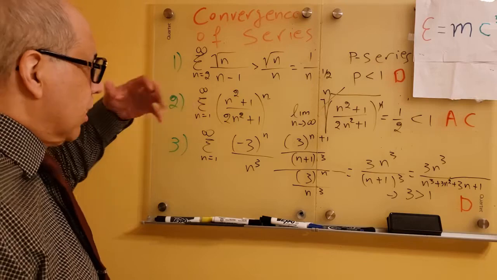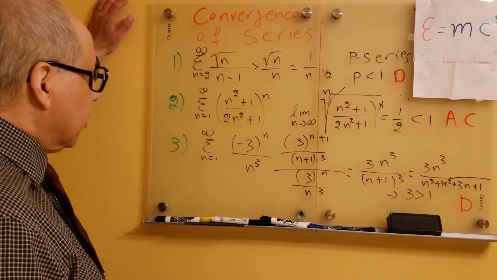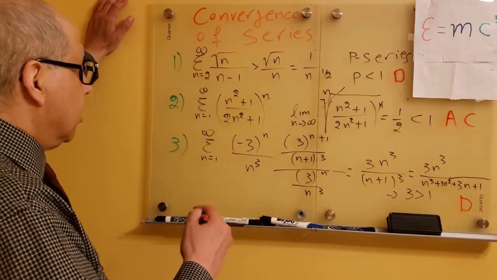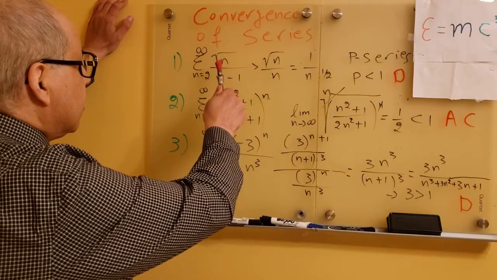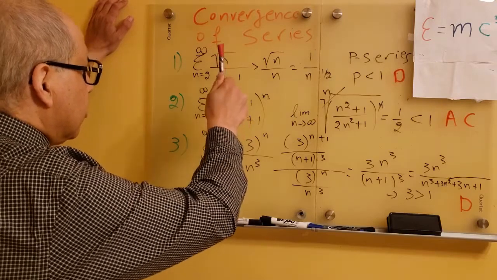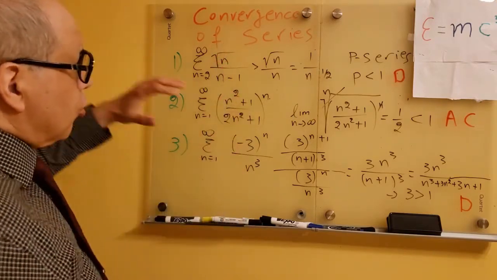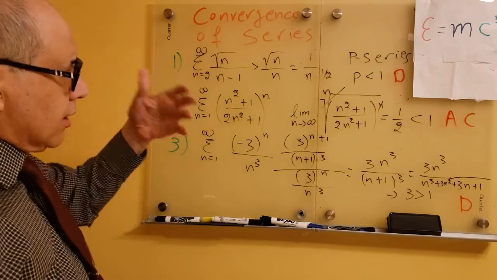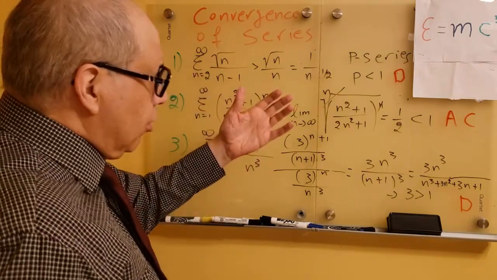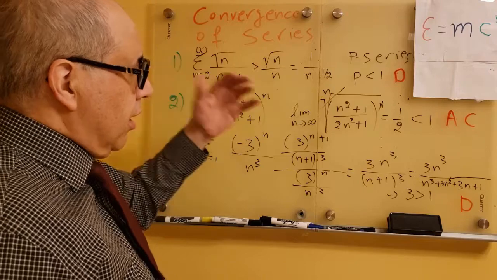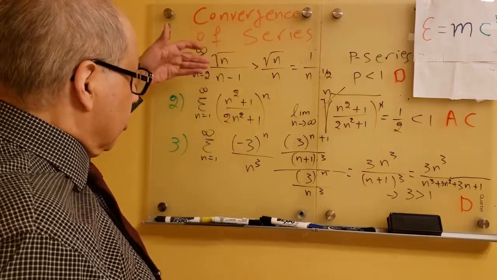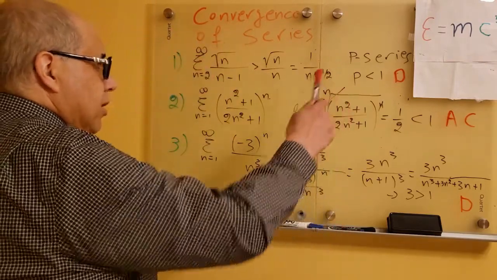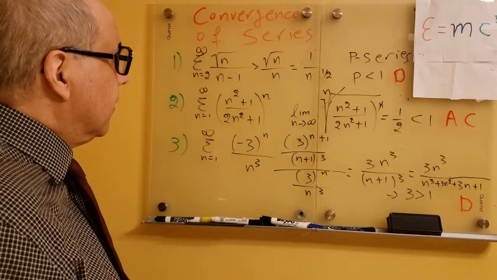According to the tips that I gave in my previous video on the same subject, this series is non-alternating. As I said in my previous video, the first thing you check is if it's a geometric series, it is not. If it's a p-series, it is not.